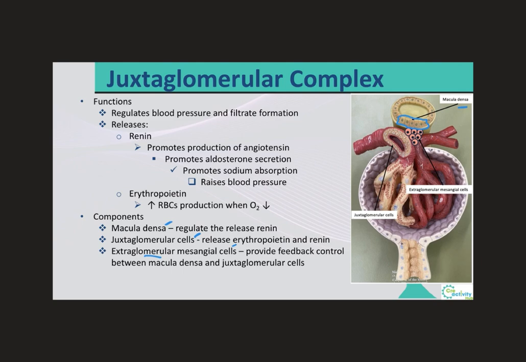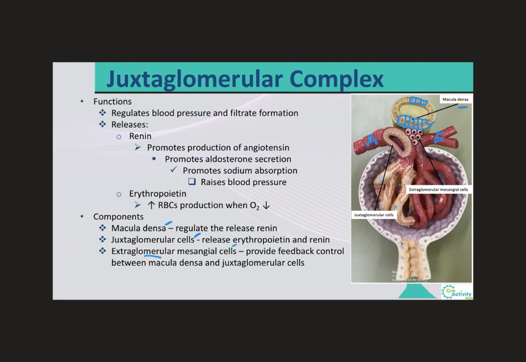Now remember how I said that the distal convoluted tubule will swing around and come between the afferent and efferent arterioles. And the epithelial cells of the distal convoluted tubule are made up of simple cuboidal epithelium. So these columnar cells are specialized cells that are forming the macula densa.